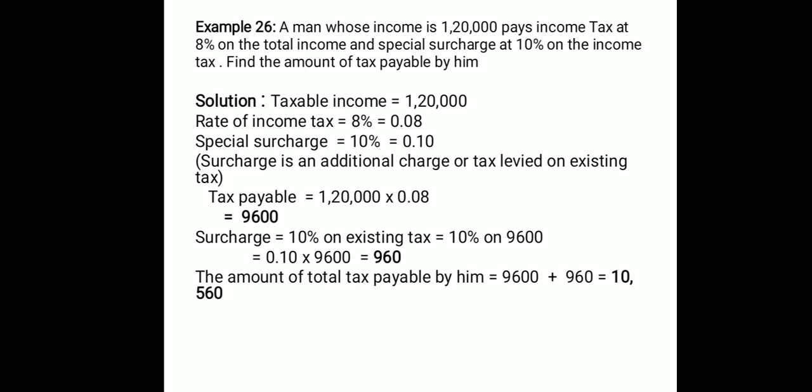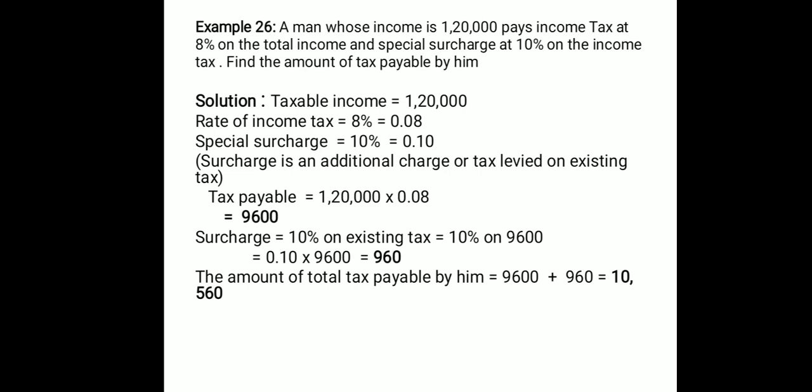Surcharge is an additional charge or tax levied on existing tax. So tax on the tax is surcharge. If you are paying tax and it exceeds a certain amount, then for the exceeded amount, an extra charge will be levied, that is called surcharge.